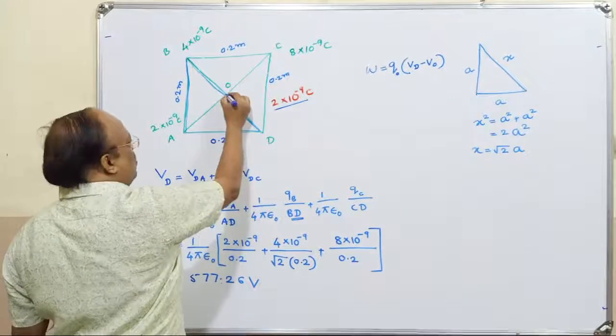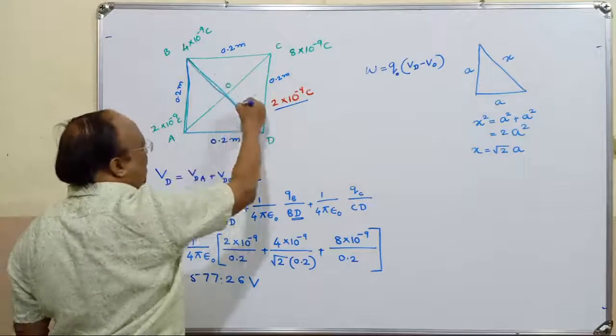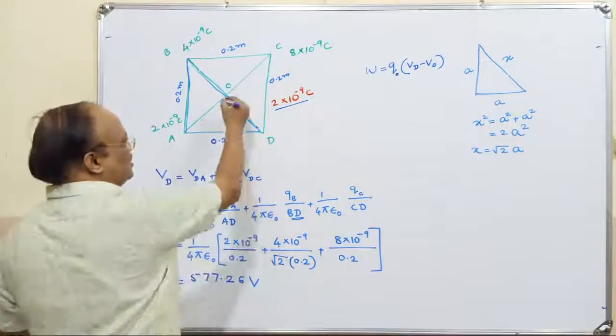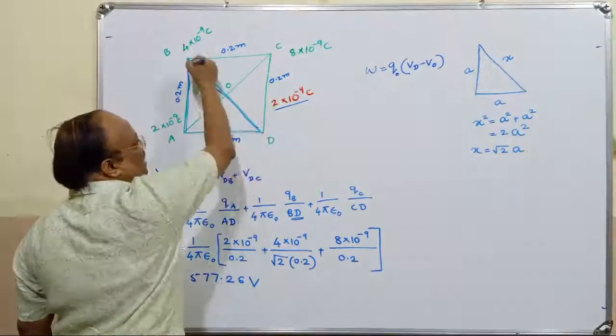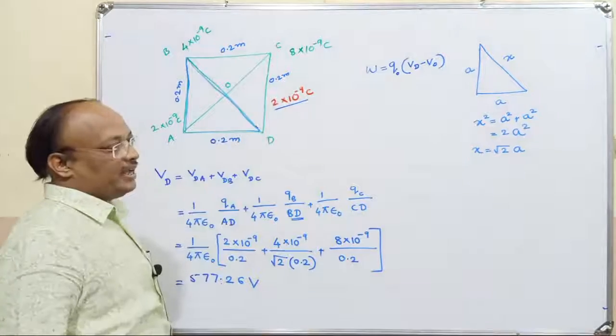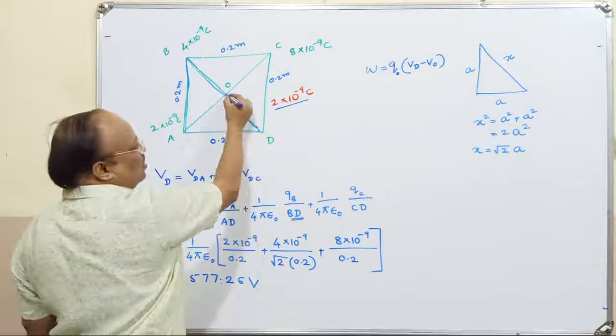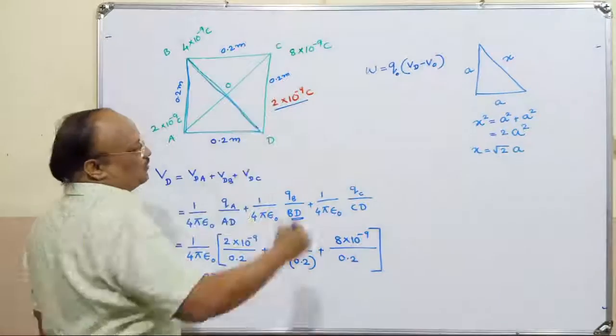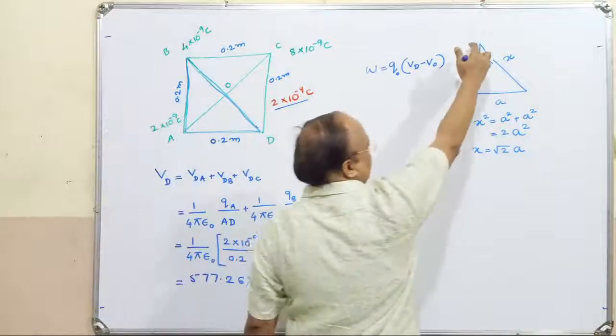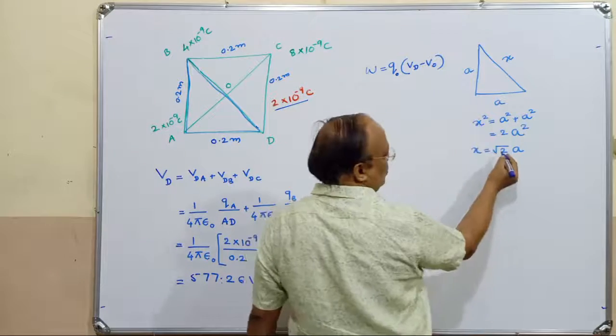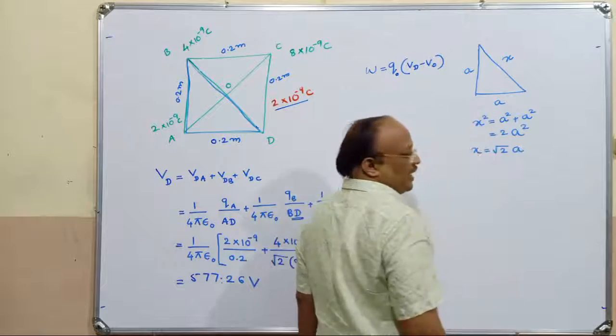Then this O will be exactly half of this. The diagonals will intersect equally. So therefore, it is half of this.